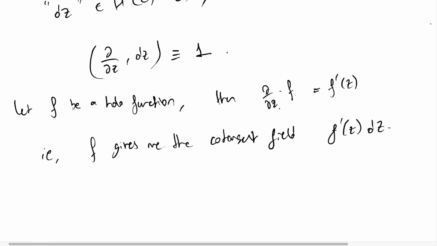Since there's only one tangent vector really, this thing generates the tangent bundle, so the operation of this pairing is completely described by what f does to this object. It returns f prime of z, but so does f prime of z times dz. That also has the same effect when paired with del over del z. And we write df for this object.